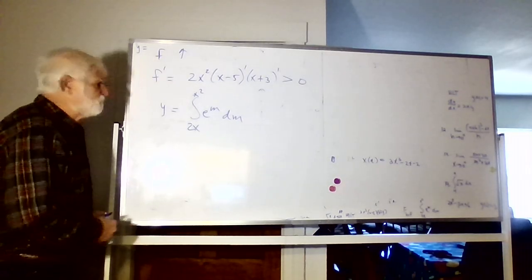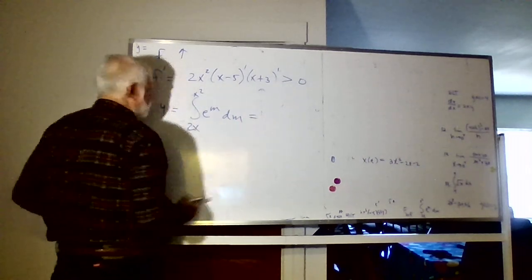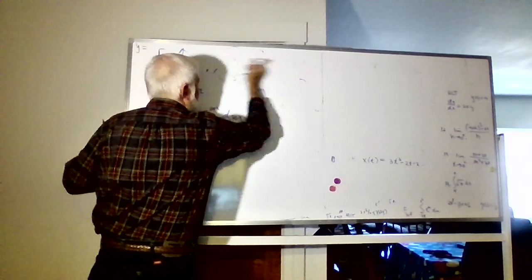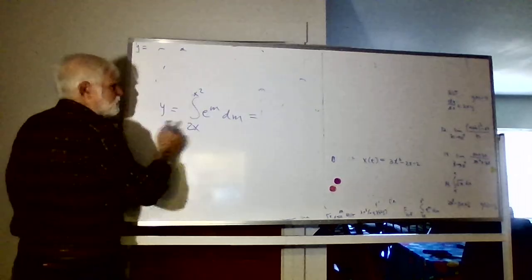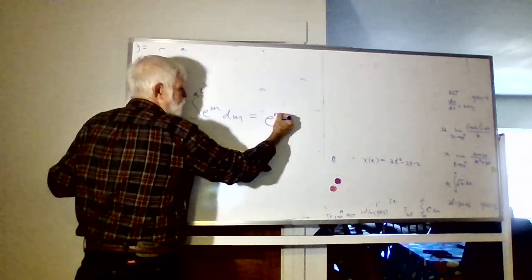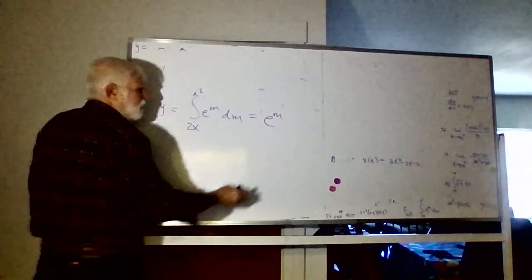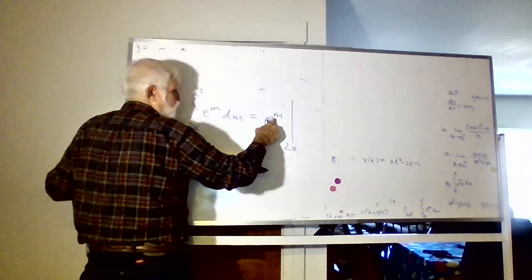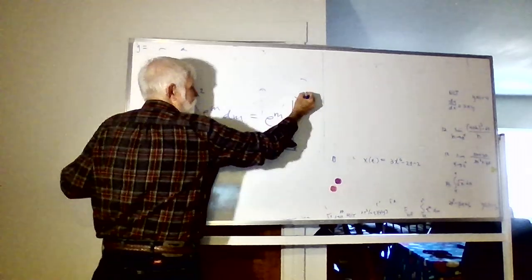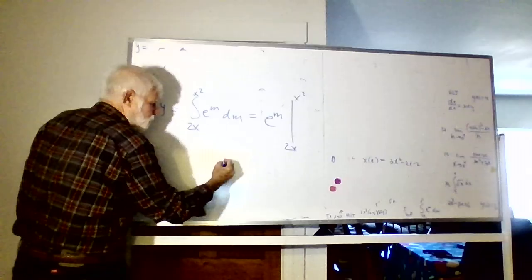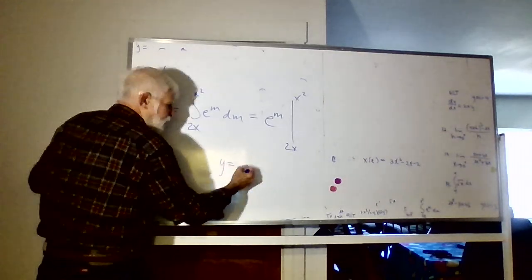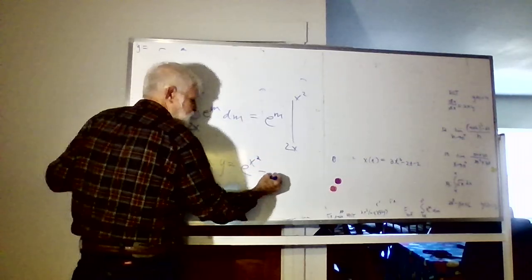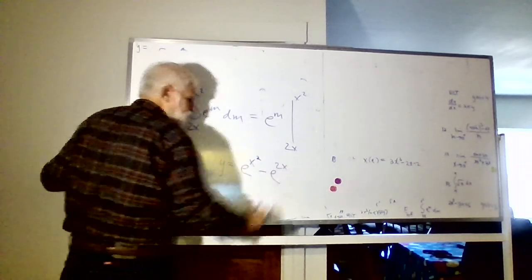So let's actually look at this integration, because then we can take a derivative and see what it is. So e to the m is itself. We often refer to these as dummy variables because I'm going to turn this into a function in terms of x. Doesn't matter what letter I use. I'm plugging x squared in, so y could have been written as e to the x squared minus e to the 2x.